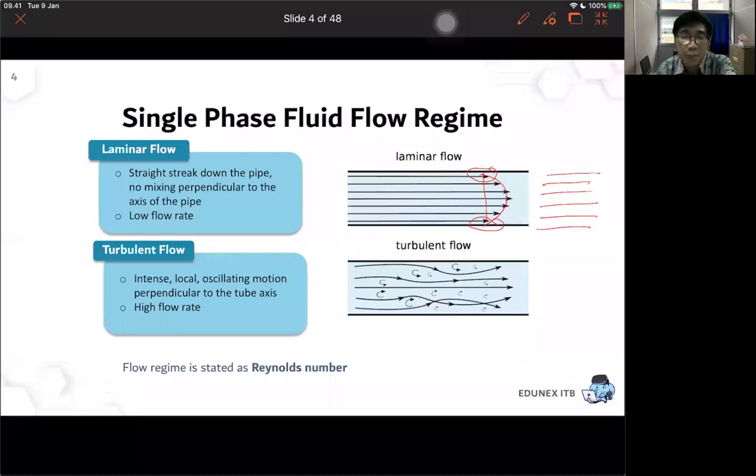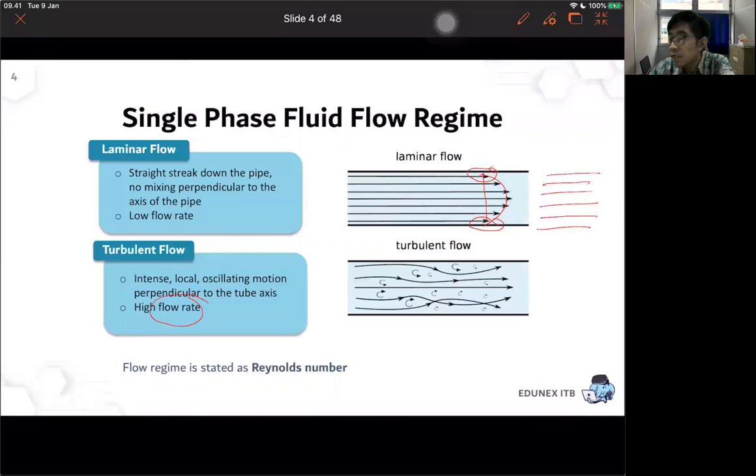The other extreme, we call it turbulent flow. It occurs in very high flow rate. There will be no regularity, there is no smooth line, but it will be a very oscillating motion around the pipe.